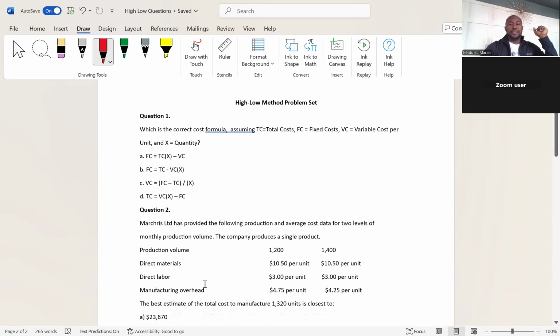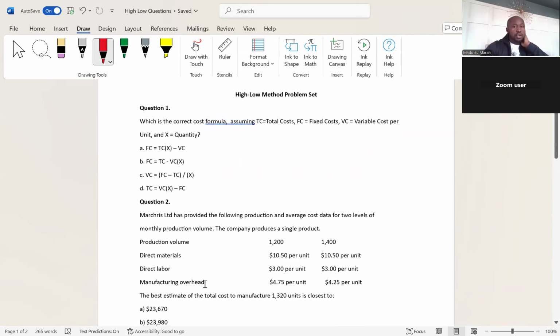Okay, let's start with question 1. Which is the correct cost formula? Remember, in our last class, I told you about total cost. We are told that TC is equal to total cost, FC is equal to fixed cost, and VC is equal to variable cost per unit.